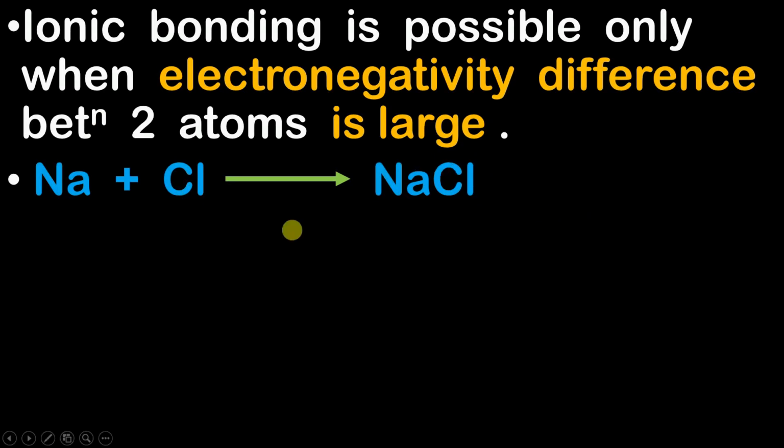Now here the electronegativity of sodium is less and electronegativity of chlorine is high. Therefore, the difference in electronegativity of both the combining atoms is large, and that is the reason that they can form an ionic bond.